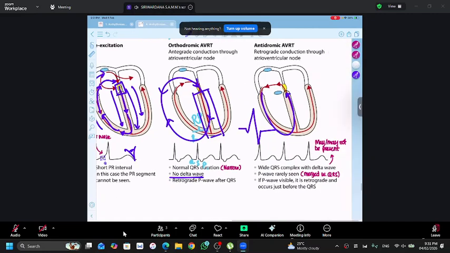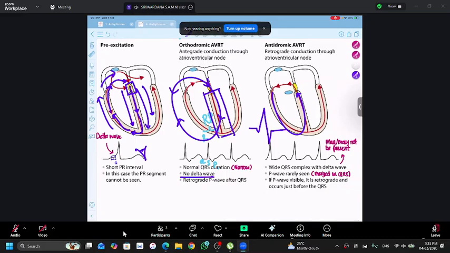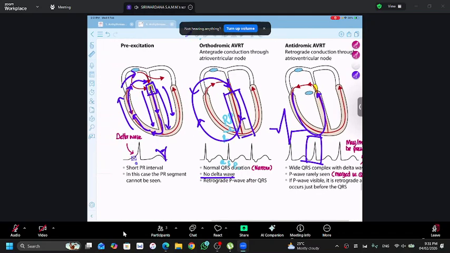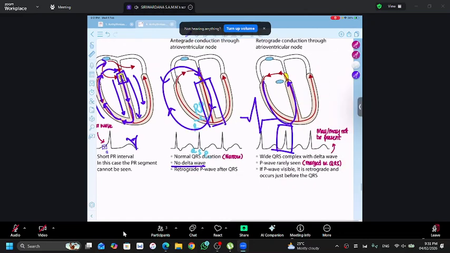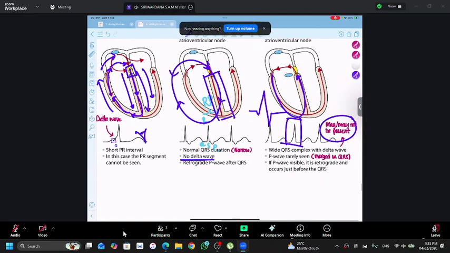So therefore, this can also lead to something resembling a delta wave, which we saw in pre-excitation. But this is not really a delta wave. So that's why this delta wave may or may not be present here. The QRS complex will be wide, but this is not exactly a delta wave. It kind of looks similar to a delta wave.